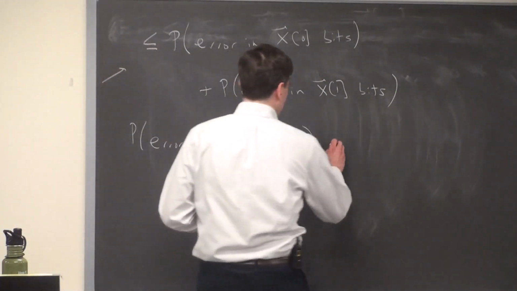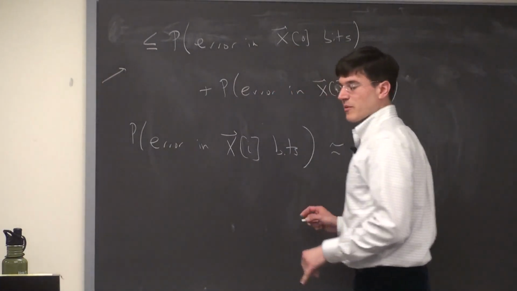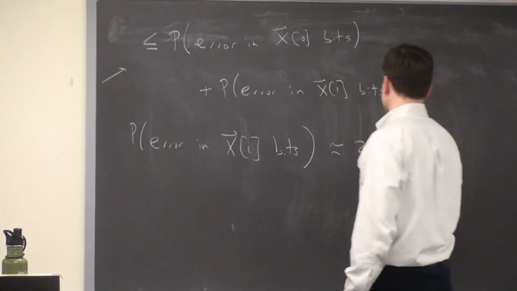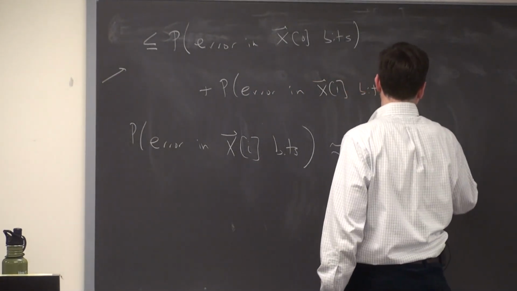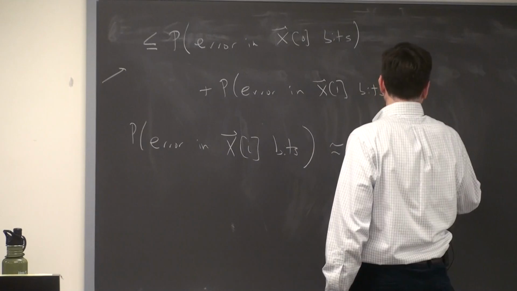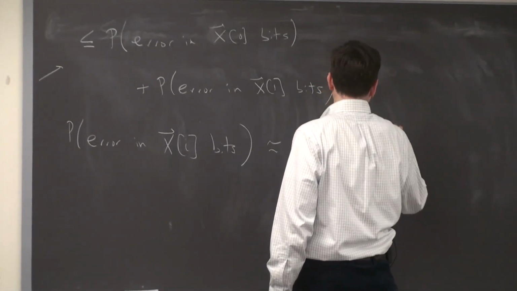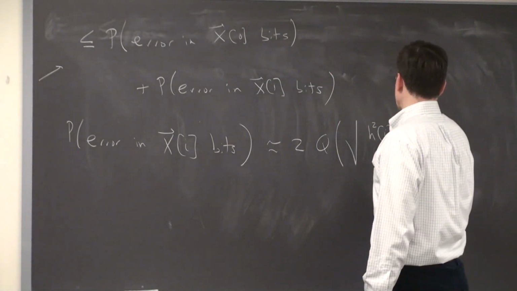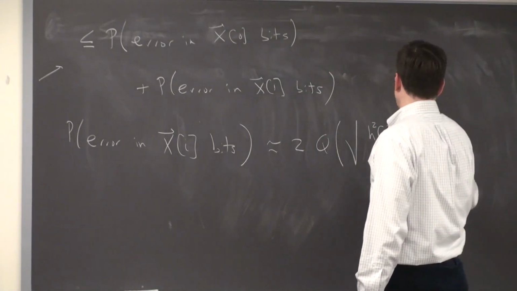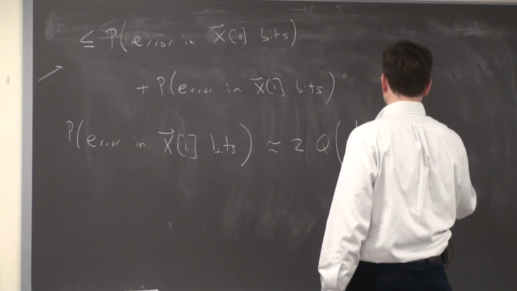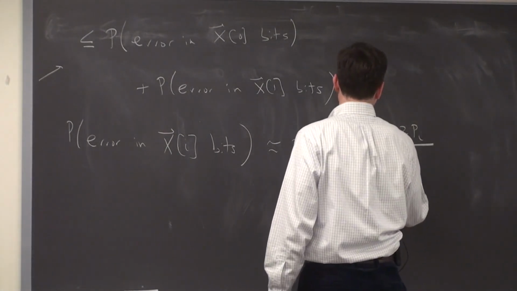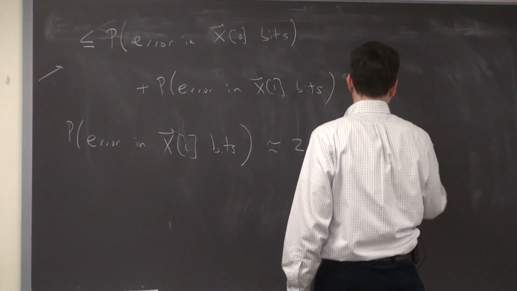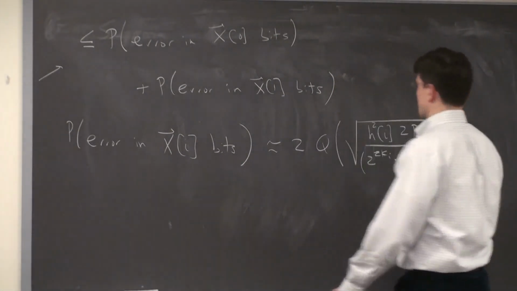So I can just write down an approximate formula for the error probability, ignoring edge effects: 2Q of the square root of Hi squared 2Pi over 2 to the 2Ki minus 1, n.